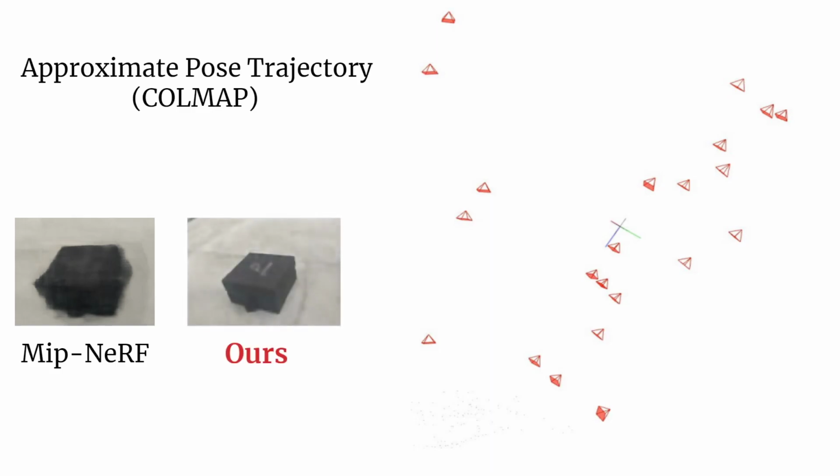And we see that MIPNERF struggles to perform in such cases because the poses estimated by any SfM algorithm would be very noisy for such cases. Whereas on the other hand, our approach is still able to recover the approximately correct structure for this, and it shows decent renderings for this scene, thereby showing its effectiveness in any real world situation where a lot of images might not be available and they get captured at different scales along with a noisy set of poses.